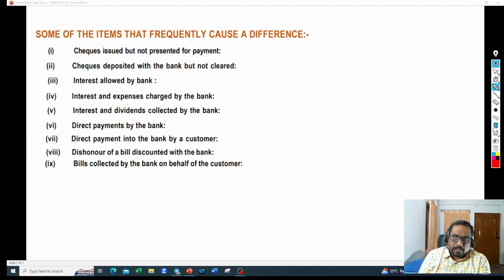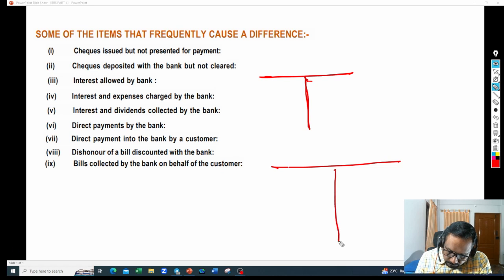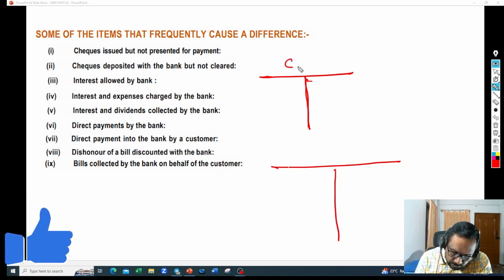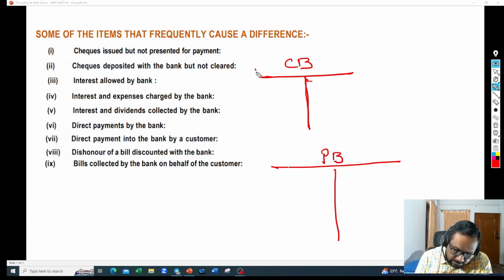Before that, what I want you to understand is that I'm drafting two accounts here. This is cash book. This is passbook. This is debit. This is credit. This is debit. This is credit.